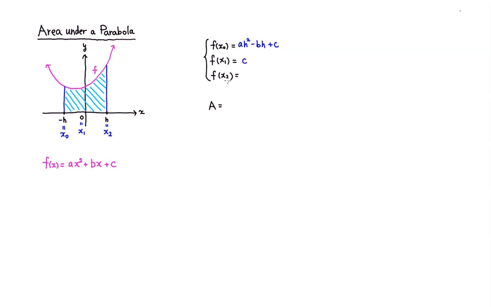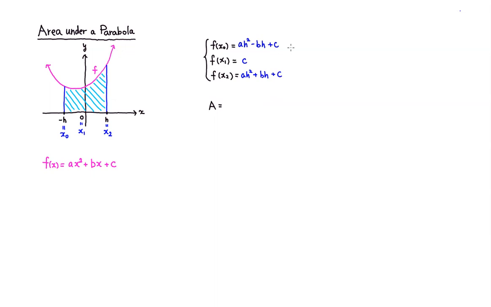For f of x2, we plug in h, so the only difference is the sign: a h squared plus bh plus the constant c. All right, so we got that.